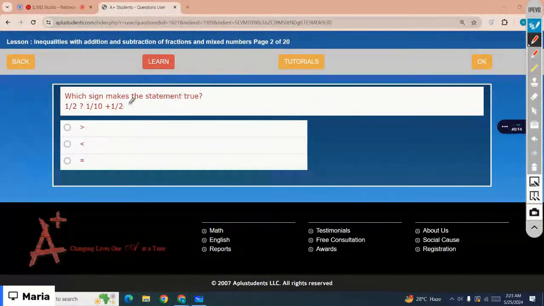So you need to add 1 by 2 and 1 by 10. The first thing you need to make their denominator same. Here you have 10. You always make the smaller denominator equal to the greater one. So that means you need to make that 2 equal to 10. So 2 times 5 is 10. You need to multiply this fraction by 5. So that is 1 over 10 plus 5 times 1 is 5 over 10. Just add them, that is 6 over 10. So when you write them in the lowest term, that would be 3 over 5.